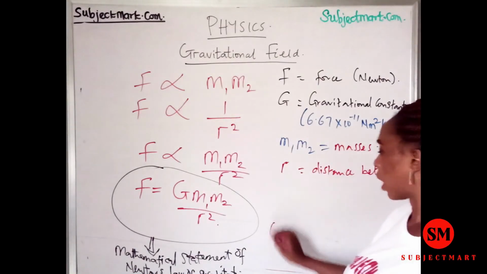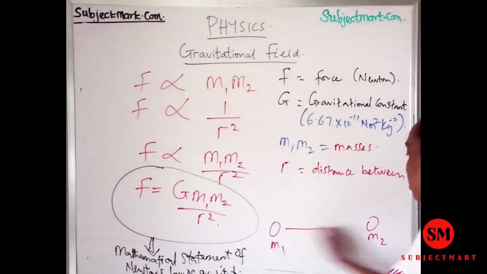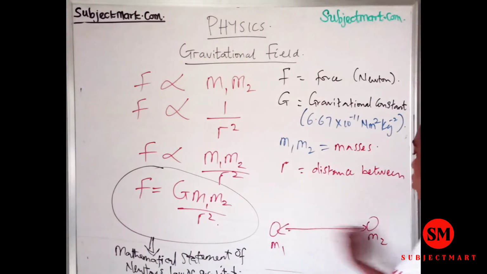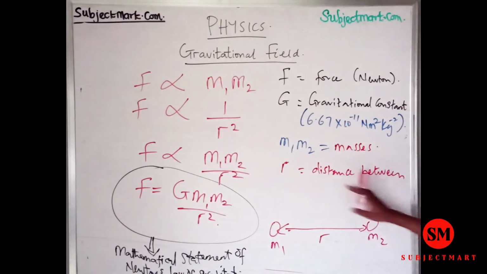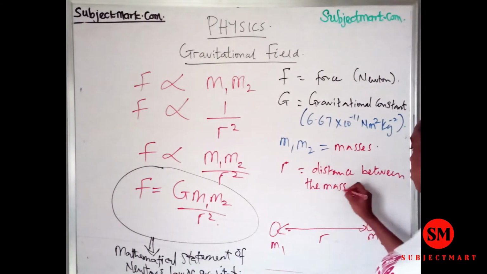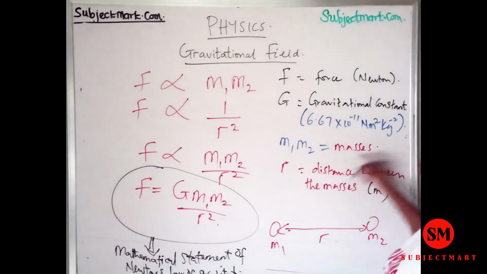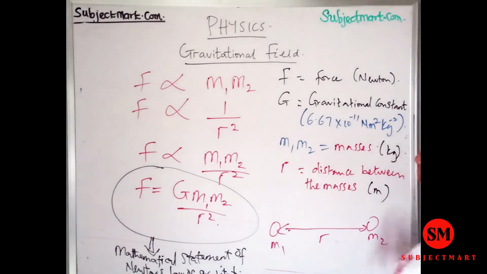I can have M1 here and M2 here, and the distance between this place and this place is what is denoted as R. So the distance between the masses is R, and is measured in meters. The masses are in kilograms.